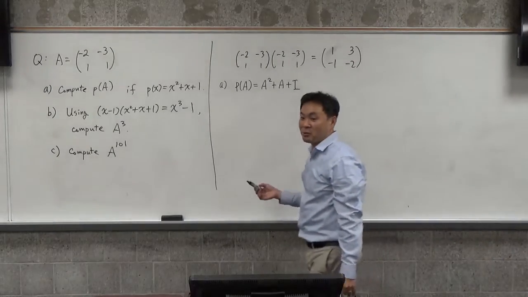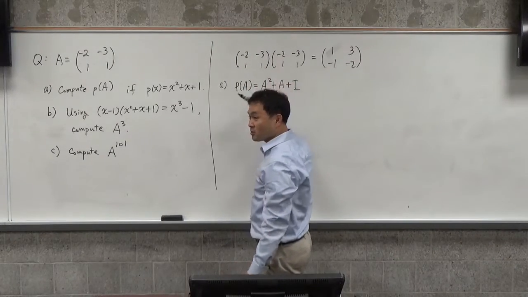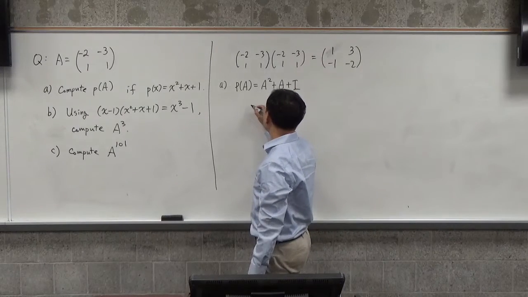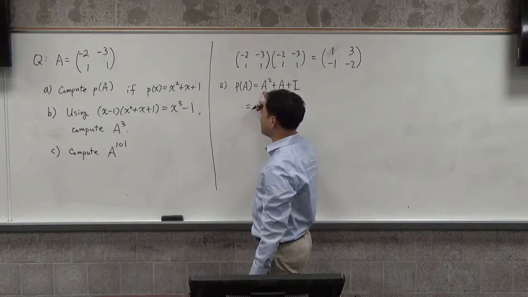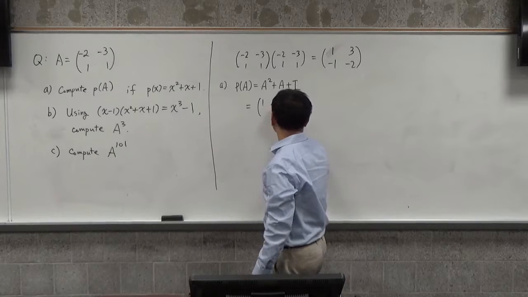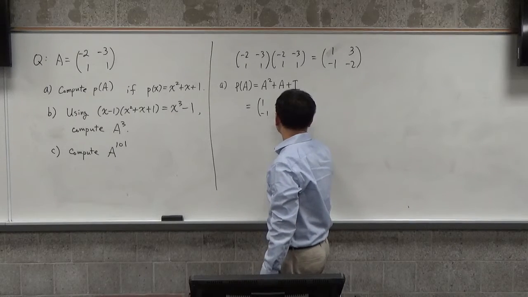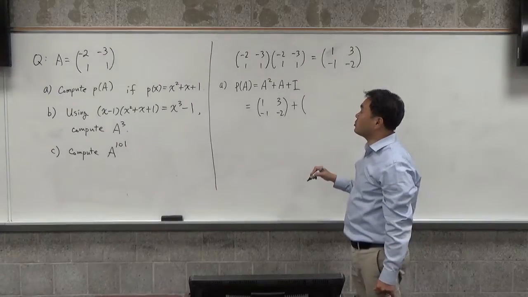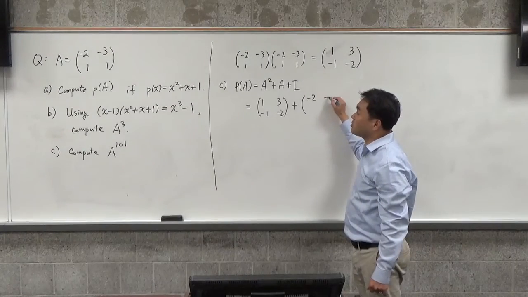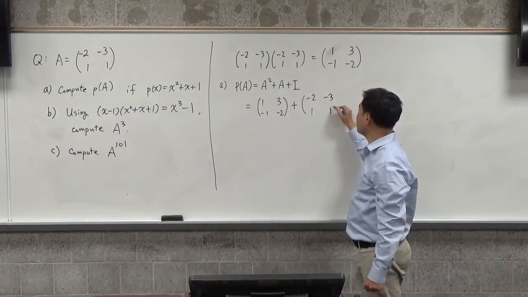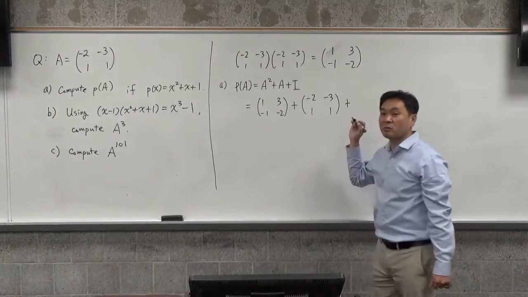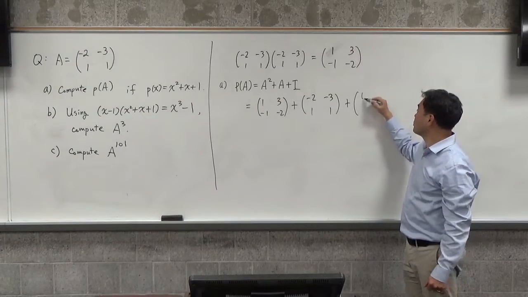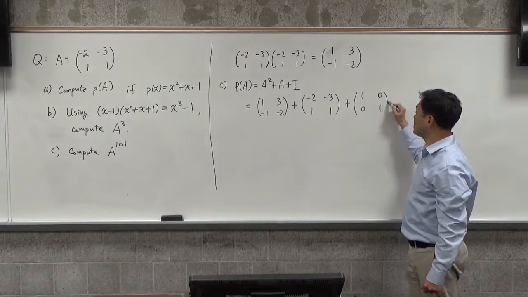You know how to multiply matrices, right? Across, down. So that's all I did. And that allows me to write A squared as 1, 3, negative 1, and negative 2. And matrix A should be the original one, negative 2, negative 3, 1, 1. What's the identity matrix? 1, 0, 0, 1.